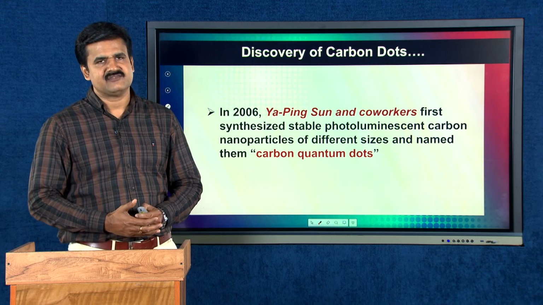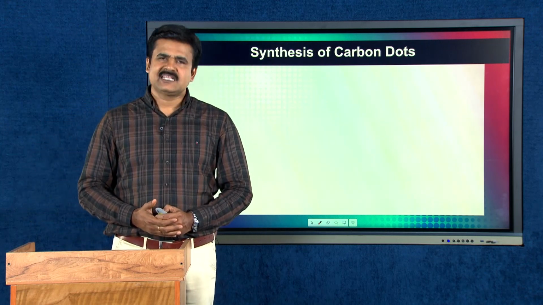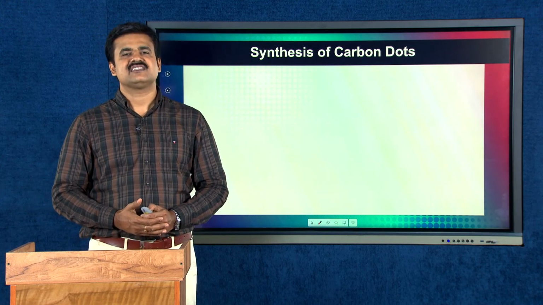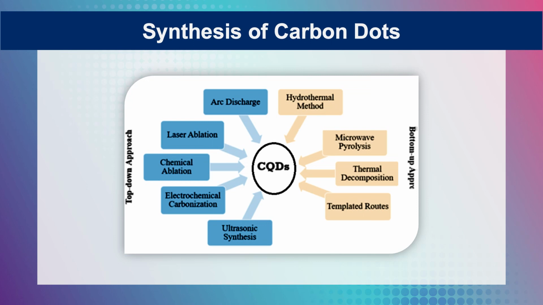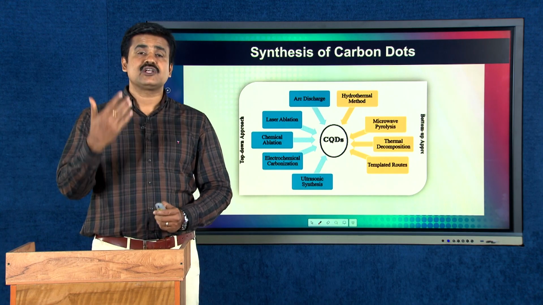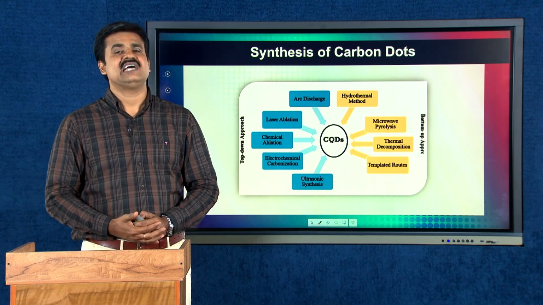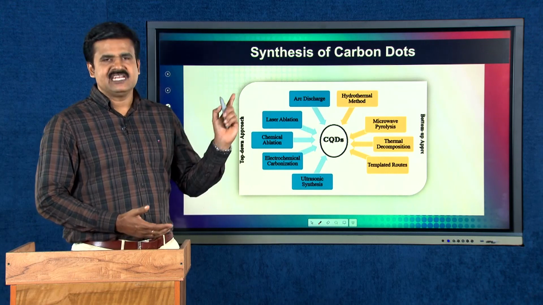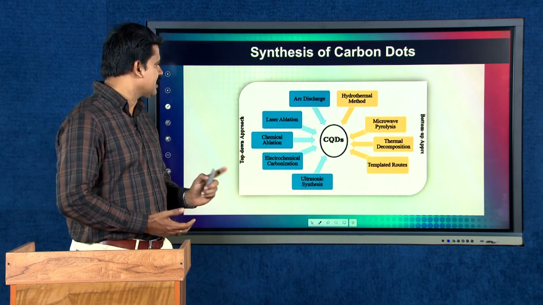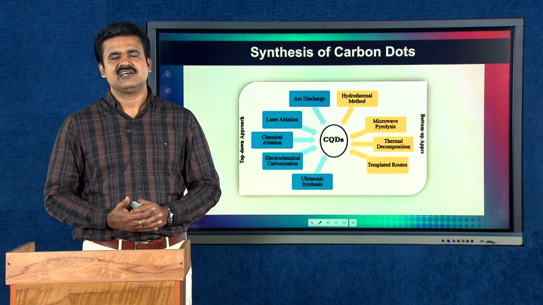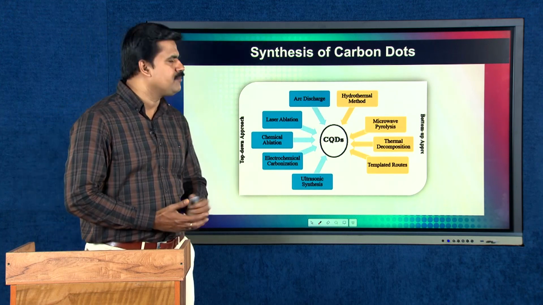That is about the discovery. Moving on to the synthesis of carbon dots. We are now discussing the various methods for the synthesis of carbon dots. This is a pictorial representation depicting various procedures for the generation of carbon dots. Carbon dot being a carbon-based nanomaterial can be prepared by top-down methods as well as bottom-up methods. In this diagram, the first part represents top-down methods and the second part, in yellow color, represents the bottom-up methods.